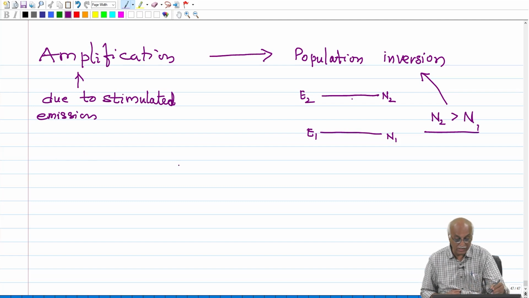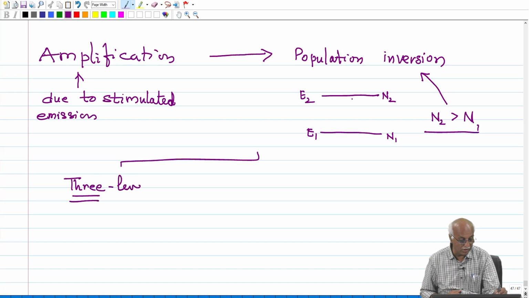So, for achieving population inversion, we use a slightly modified approach. Instead of a two level energy system, we use materials which allow a 3 level or 4 level energy system to achieve population inversion.